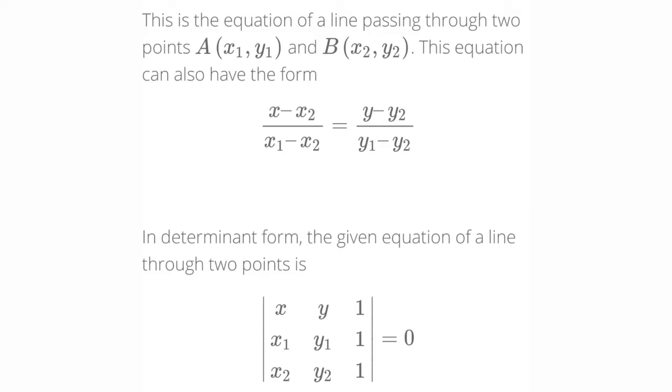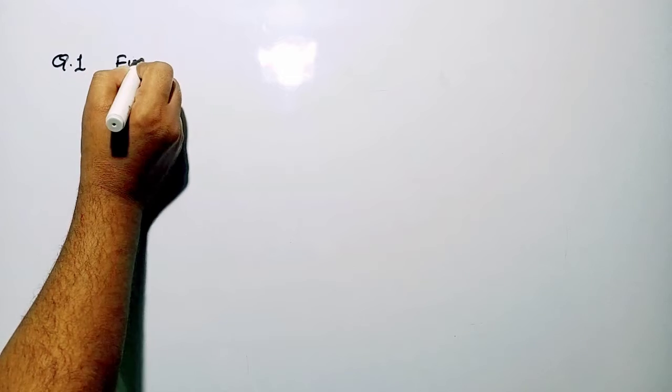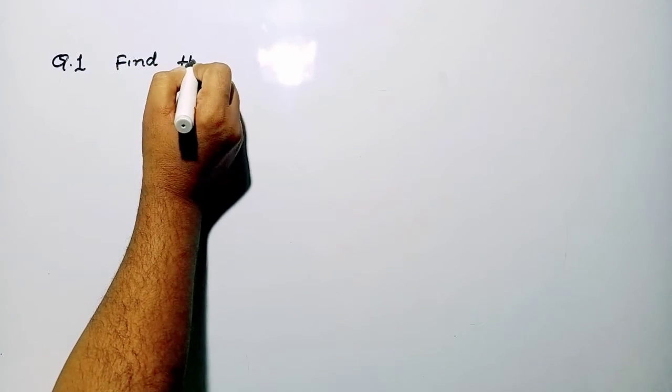You can interchange the third row with the first row, so sometimes the formula may be in the form of x2, y2, 1; x1, y1, 1; and x, y, 1. Okay students, let's solve a few questions.